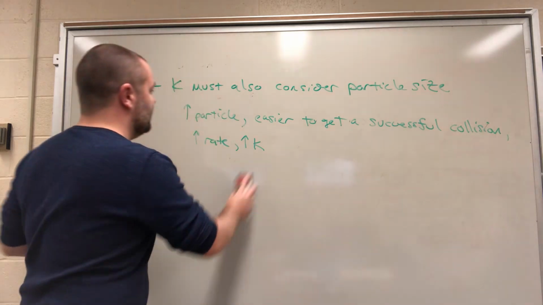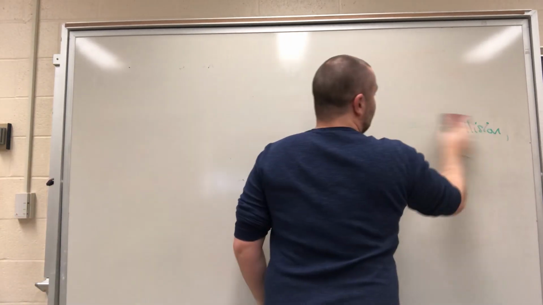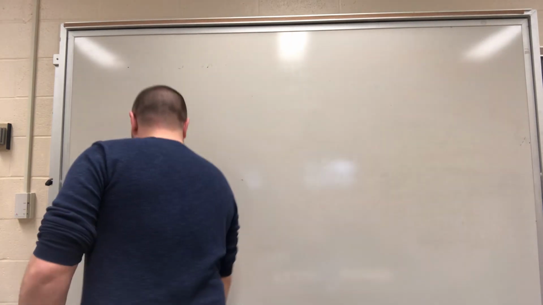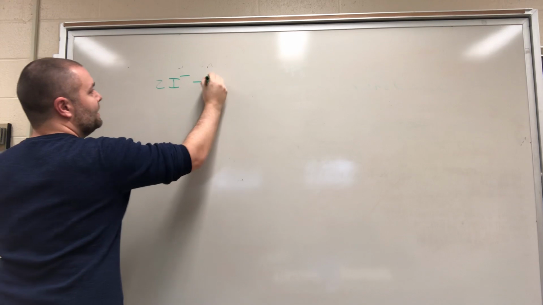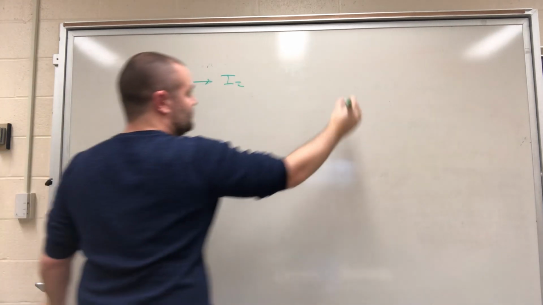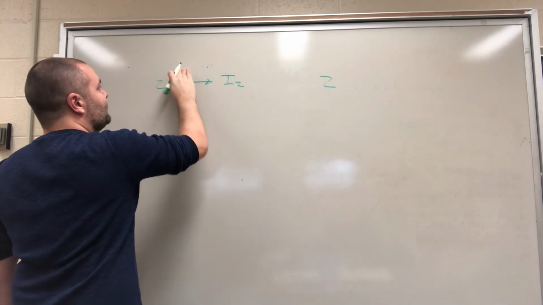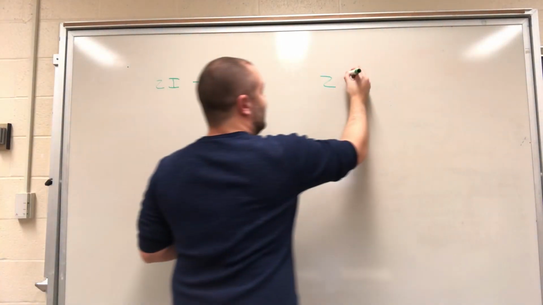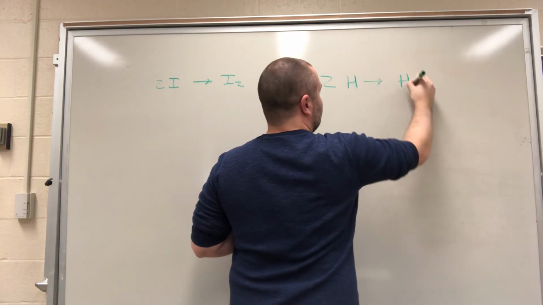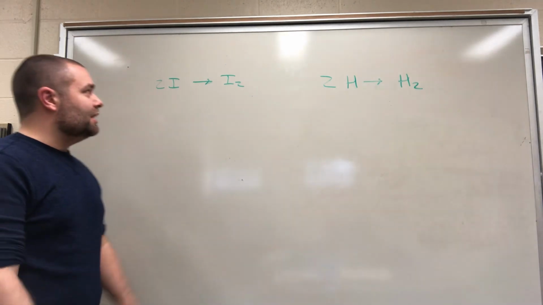And just another real quick example on this. Let's say I was looking at 2 I's forming I2 versus 2 H's forming H2. So atomic I's, atomic H's, so no charge, no ions there.